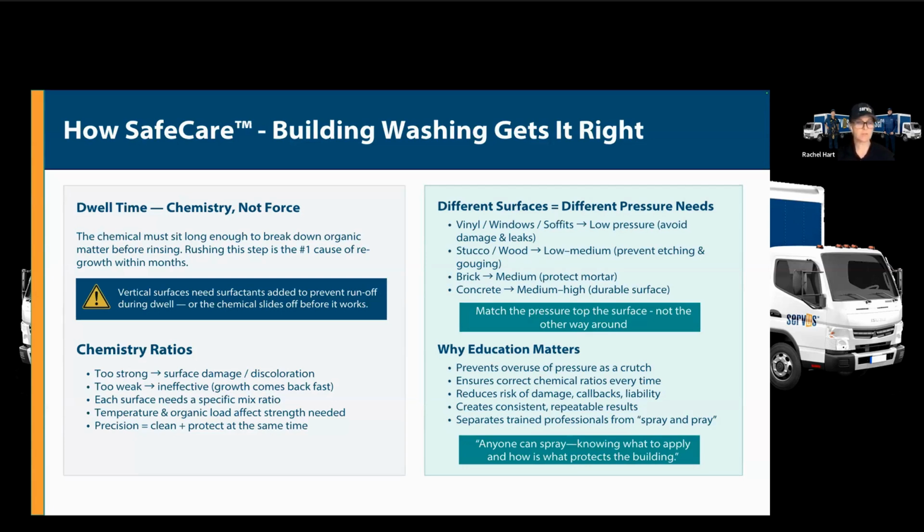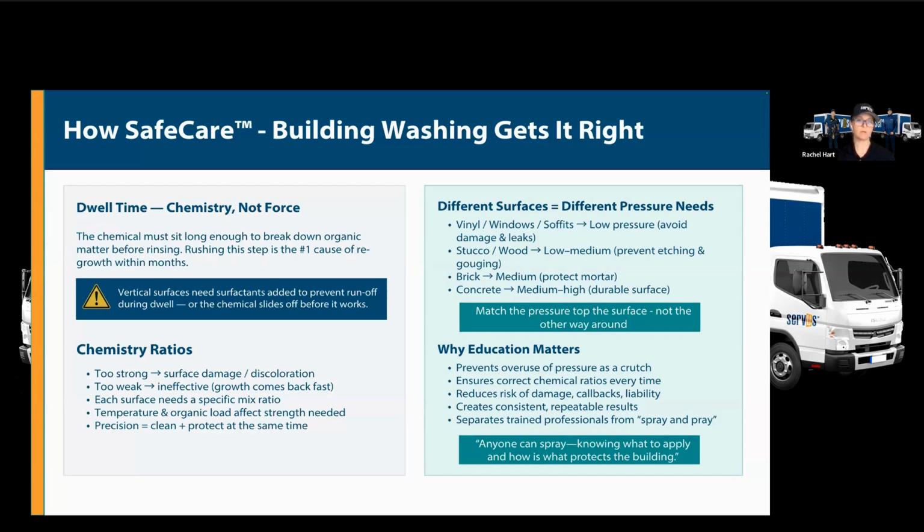When it comes to building surfaces, every surface is different. Stucco is a porous, embedded kind of surface where we have to go a little bit stronger. Brick is even more porous, and we have to go on the even stronger side. Vinyl, plastic surfaces, soffits and painted coated things respond differently because they're not as porous.